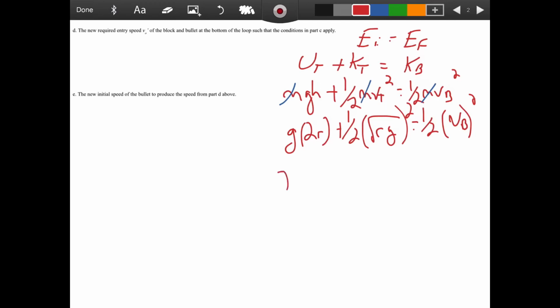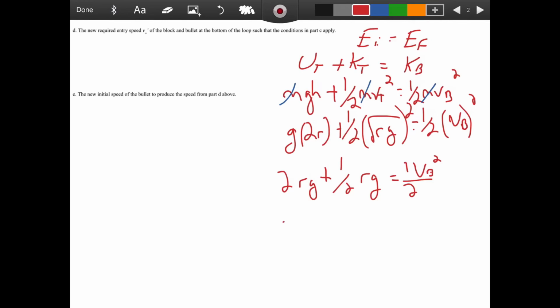So here we get 2rg plus, the square root of rg squared is just rg, equals 1/2 vb squared.